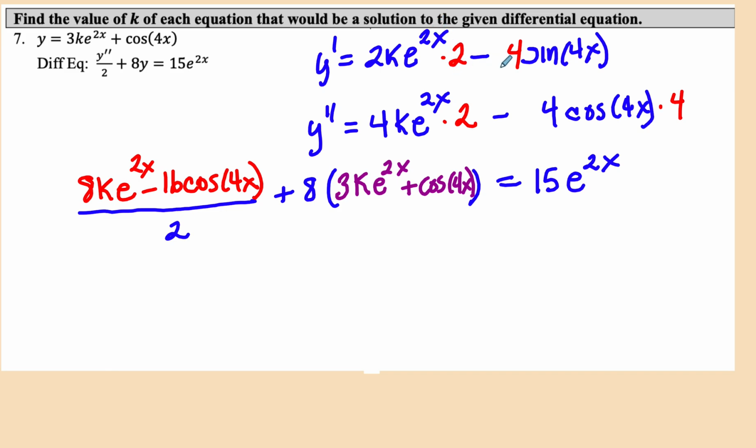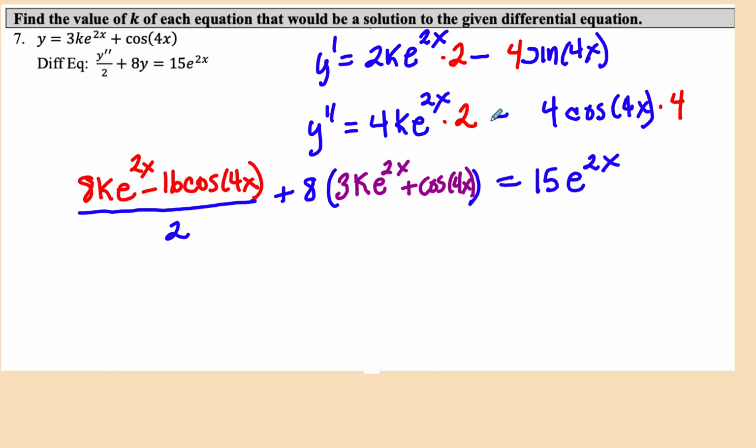And then the derivative of cosine is negative sine of 4x, and don't forget to take the chain rule 4 here. Now that I have the first derivative, I'm going to take the second derivative, which means I take 4k e to the 2x, that'll be the same thing, but don't forget the chain rule, times 2. The derivative of sine will be cosine, and don't forget to take the chain rule, which is 4.